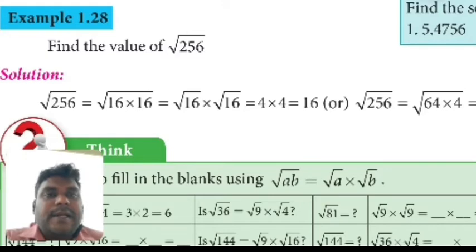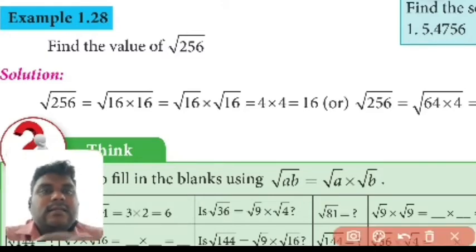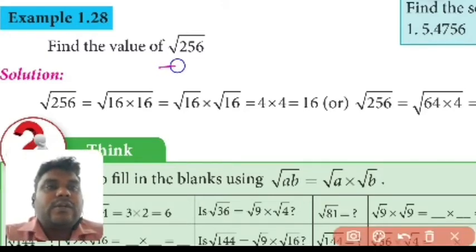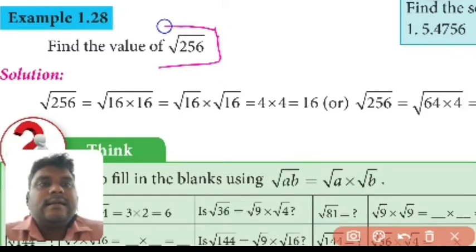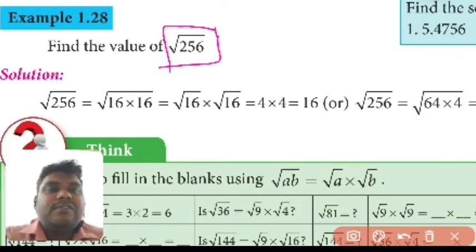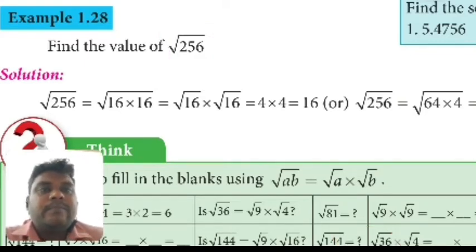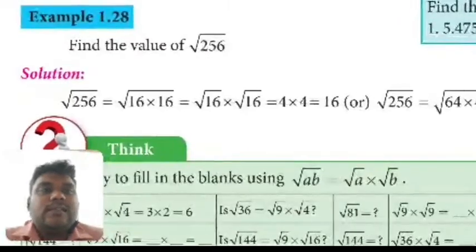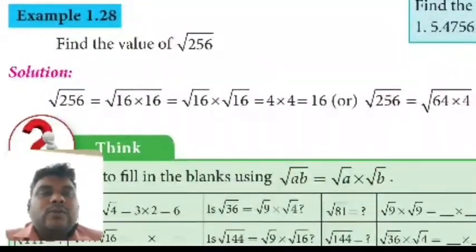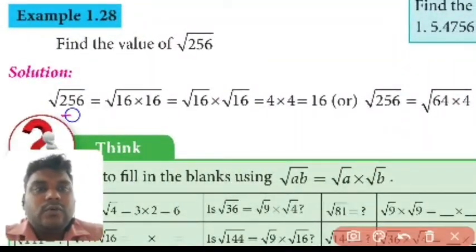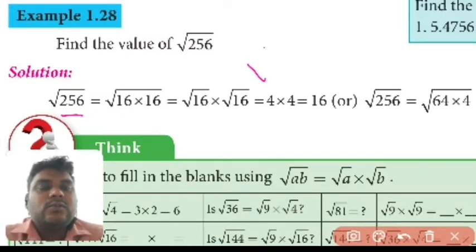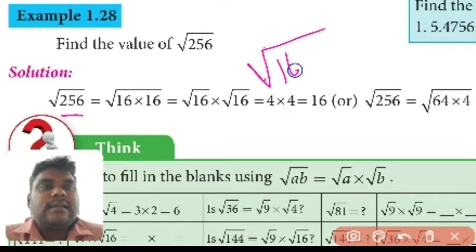Example 1.28, find the value of square root of 256. Here we do not use the long division method or prime factor method; we use the result root of a into b equals root a into root b. So root 256 is the square root of 16 into 16.